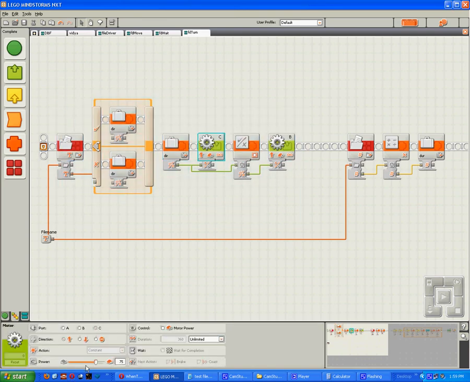Now the reason I didn't change the power and have that be variable is because when you are typing stuff in, it's going to be a lot easier if you don't have to worry about the speed, right? And trying to turn at a speed of 100 tends not to work. You can easily add in speed if you want.